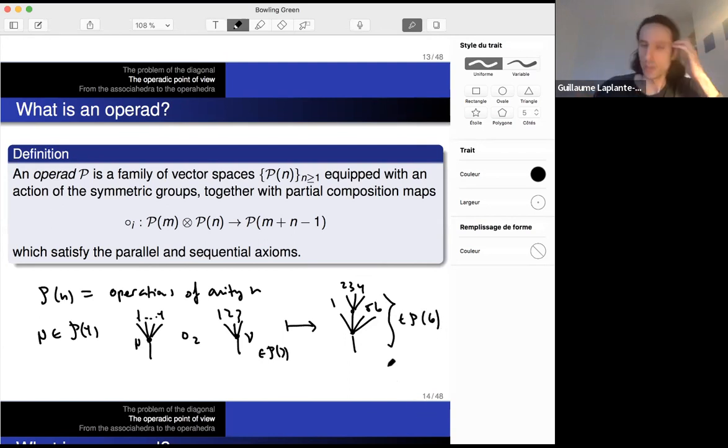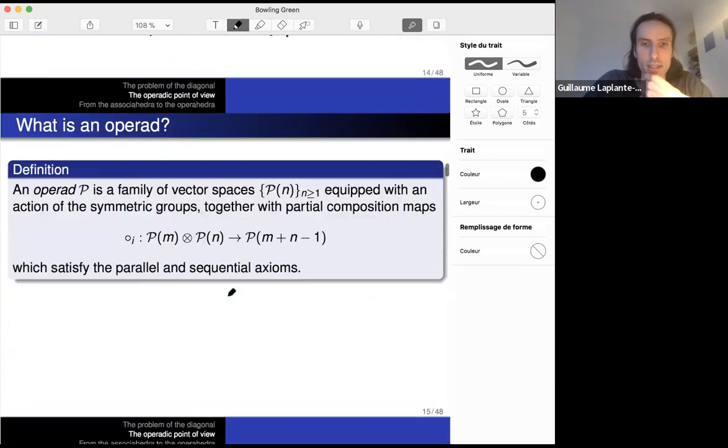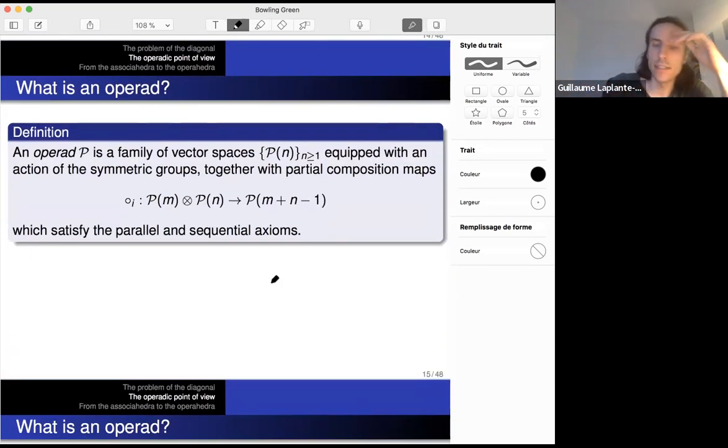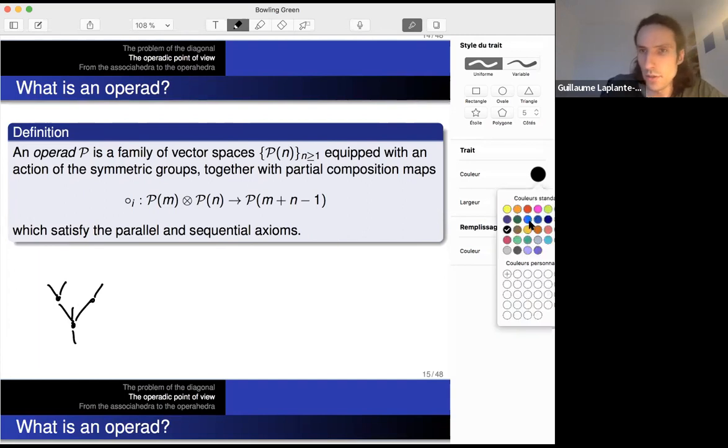So an operad is basically a family of operations of all arities, with a way to compose them, and they satisfy the parallel and sequential axioms, which are the tree-like generalization of associativity. Say you compose three operations like these.